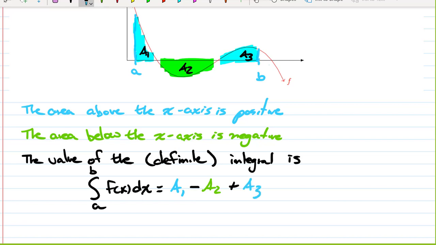So to calculate the value of the integral, we're going to add up the areas that are above the x-axis, and we will subtract off any of the areas that are below the x-axis.